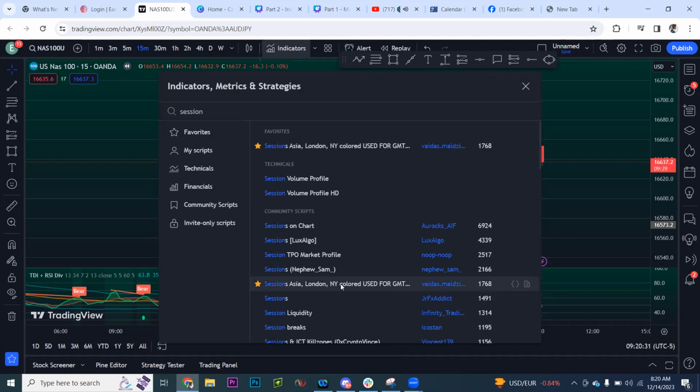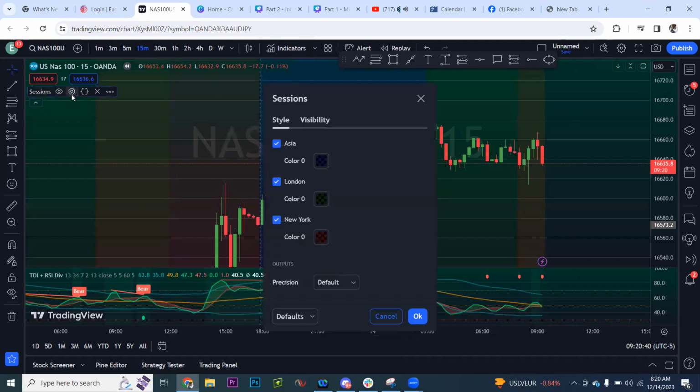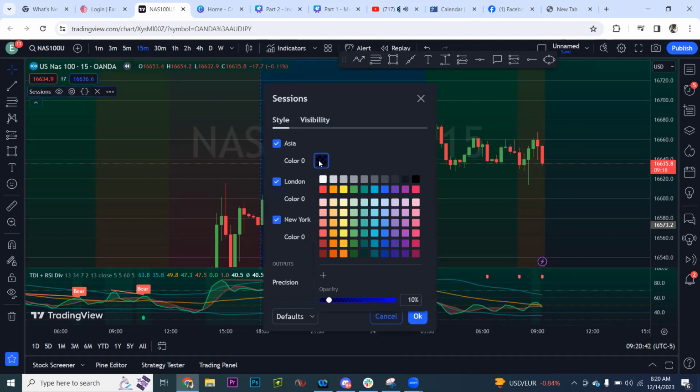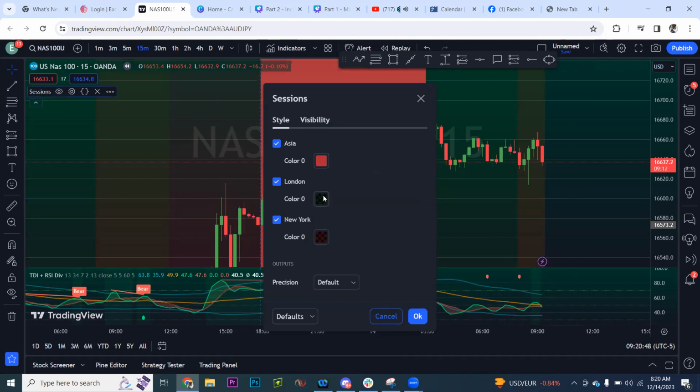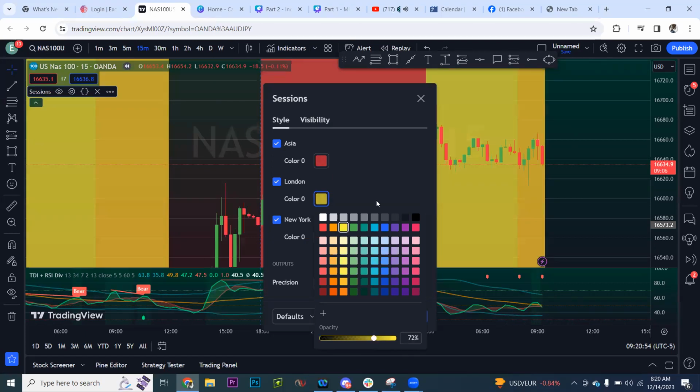So this sessions Asia, London, New York, same one we usually use. We want to go inside of the settings. Asia red, of course, like a stoplight. London yellow. This Nas is beautiful. This celery, celery is beautiful.